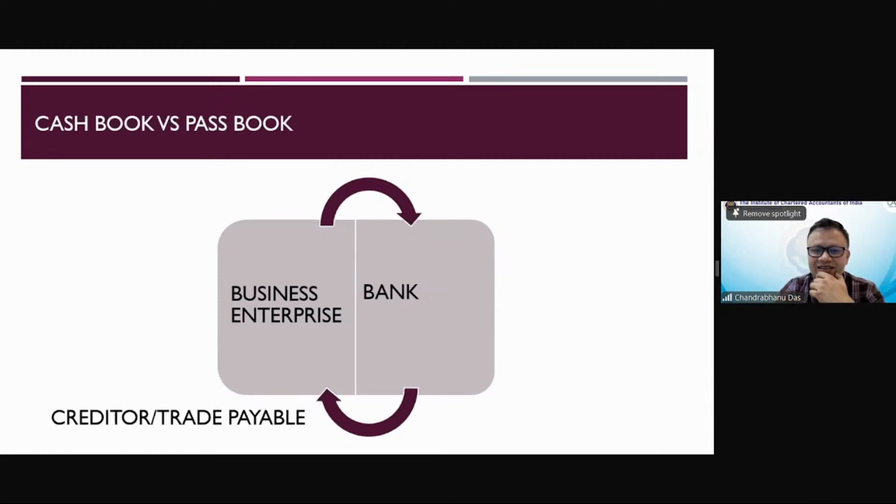So what you have to see here is, first, for a bank, the business enterprise is like a creditor, a trade payable, right? It's like a vendor, because you're one of its customers.